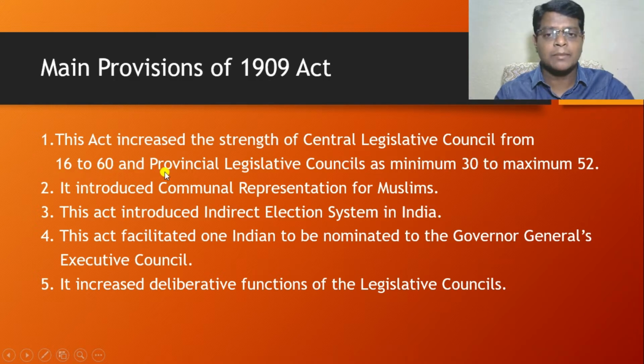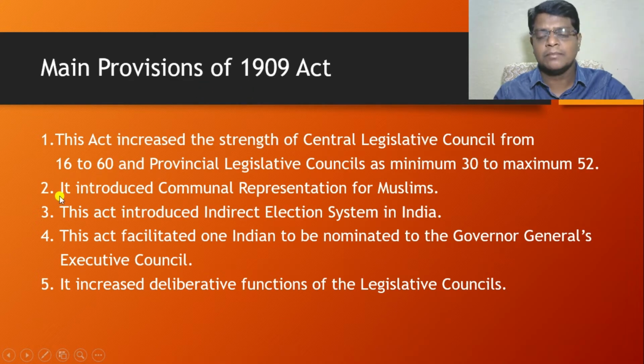At the same time, the provincial legislative councils, which existed at state level, had their strength increased to a minimum of 30 and a maximum of 52. This is the first and foremost important provision of the 1909 Act.